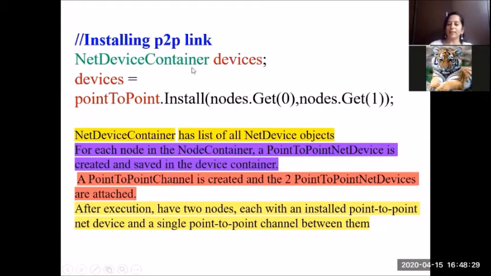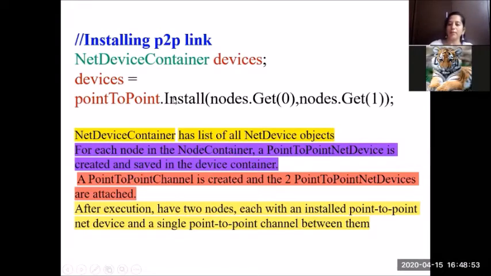Net device container. Net device container is the helper class and the object name is devices. And on these devices, I'm going to install the addresses. And where am I going to install the two devices? I'll install them on either end of the point-to-point link.